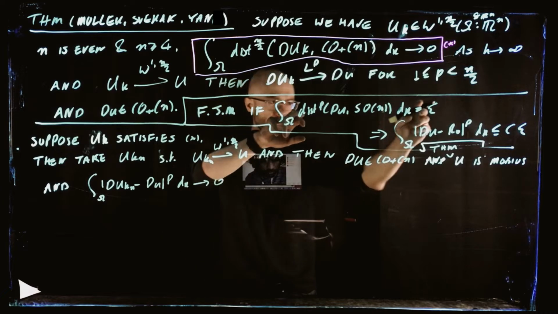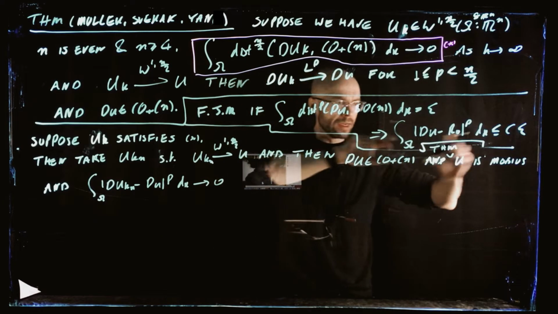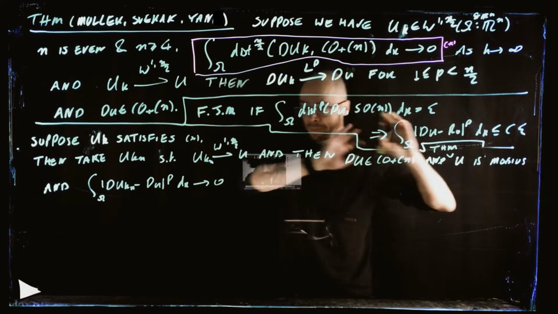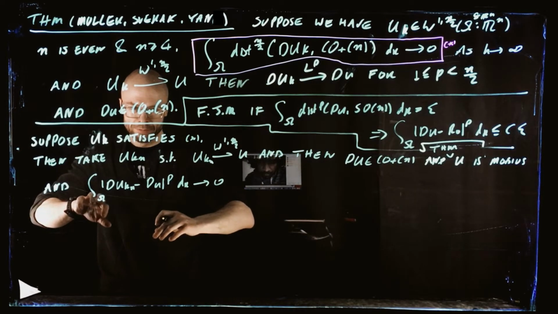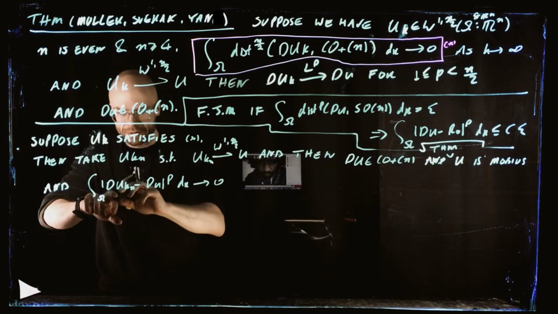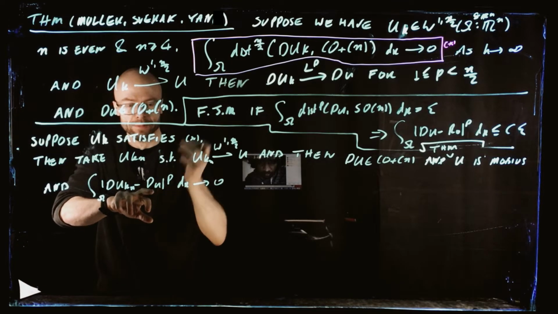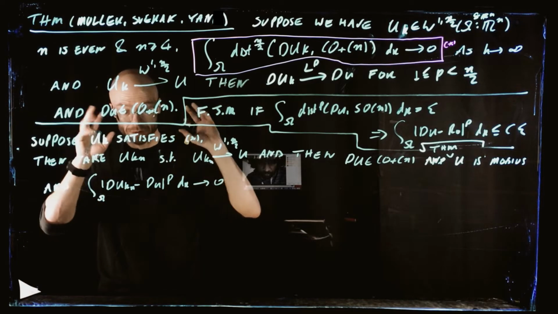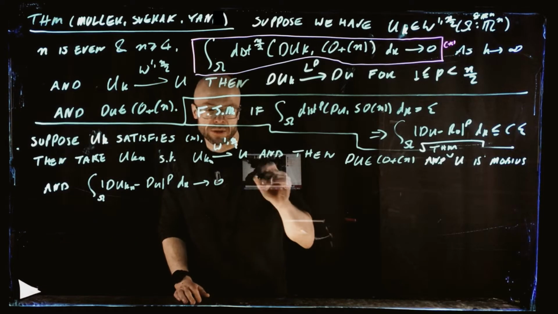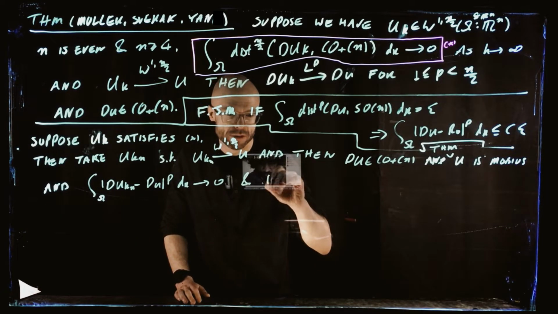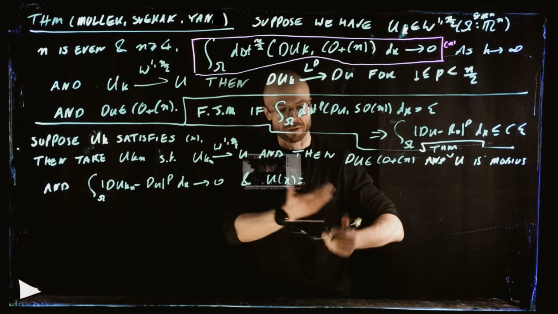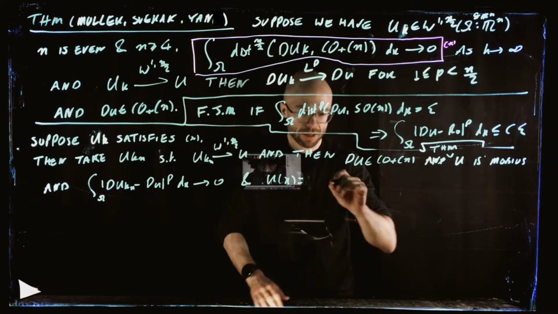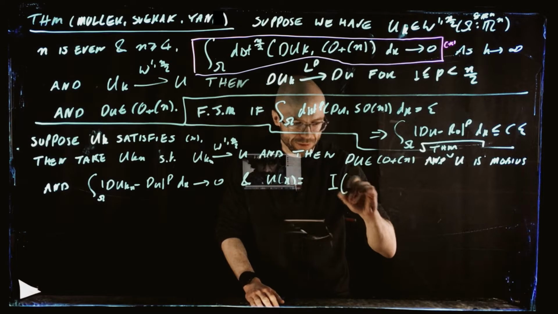So here we have the initial hypothesis in terms of epsilon and the conclusions in terms of epsilon. Here we have to extract the subsequence, right? But we have that the gradients are tending close to this thing that is rigid, because we know that Ux is the composition of the inversion mapping.